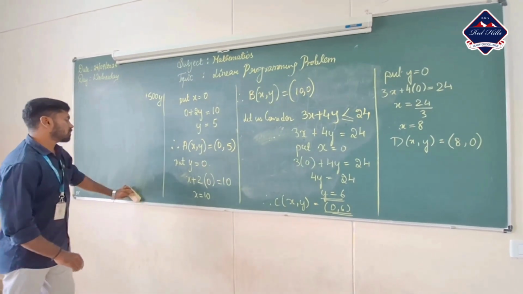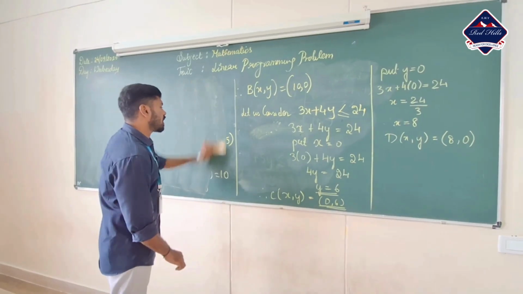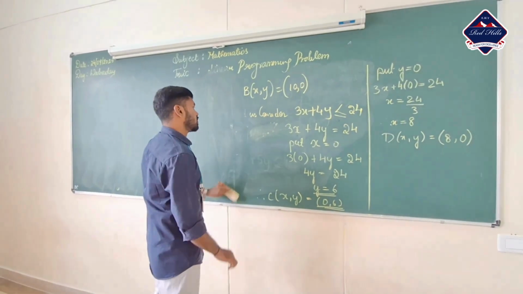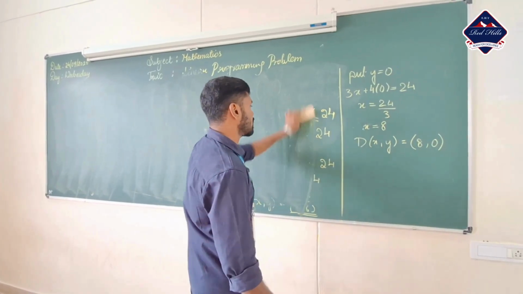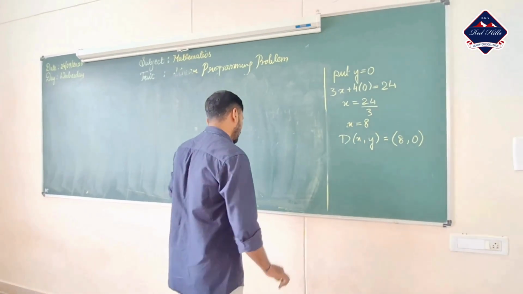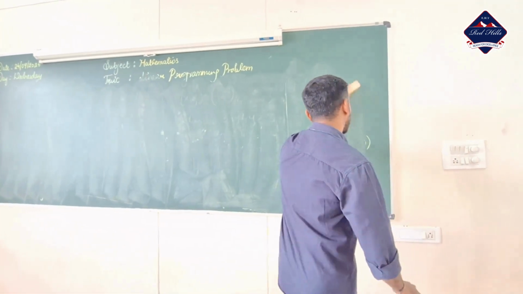One thing you should always remember, children, whenever you are going to plot a graph, scale is mandatory, not the regular scale which you are going to use. You need to mention the x-axis, y-axis, followed by the centimeter, and for each centimeter how many units you are going to consider.